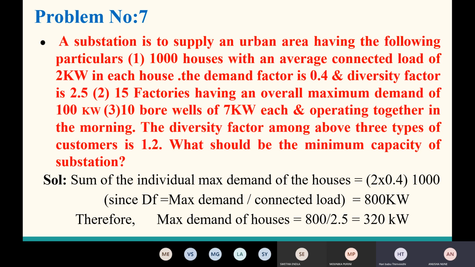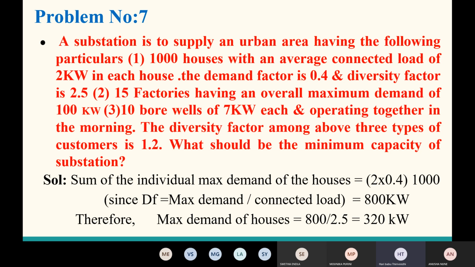Here they have given individual demands or individual loads. So first of all, you have to find the sum of individual maximum demands of the houses: 2 kilowatts into demand factor 0.4 into 1000. Total houses 1000, every house 2 kilowatt, with a demand factor of 0.4.